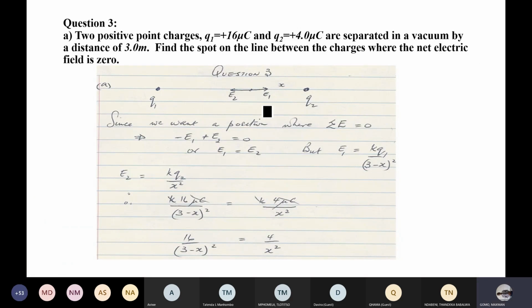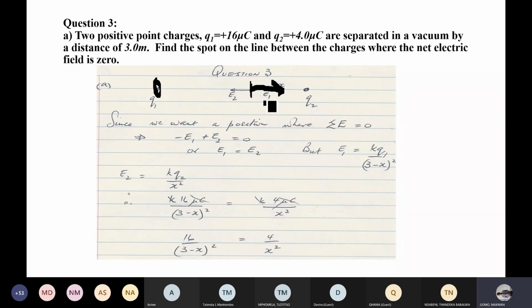So from the point P that we have, I've said to you guys that the point P is always going to be positive, because remember, we are dealing with an electric field. So we are going to have the effect of Q1 on P. Since Q1 is positive, it's going to repel the point P towards this direction.